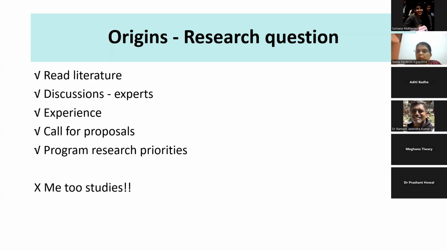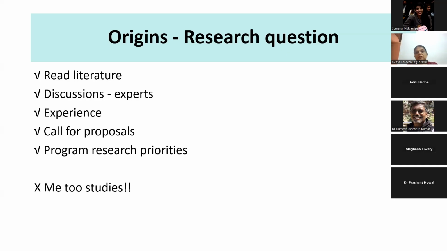There are calls for proposals on the websites of different national and international programs and agencies. So you can look out for these calls and identify what matches your passion and write your proposals by framing an appropriate research question. And then, of course, each program has its own research priorities.